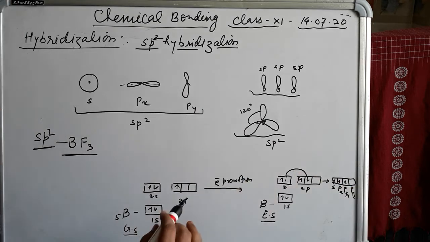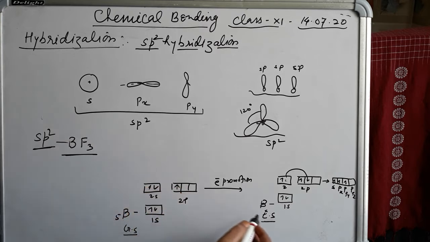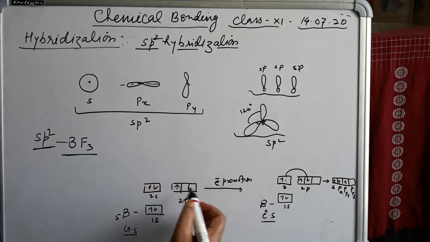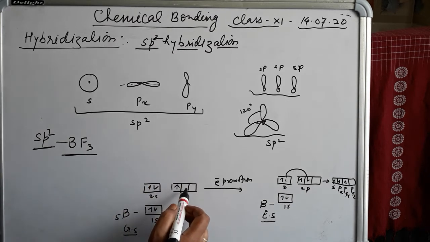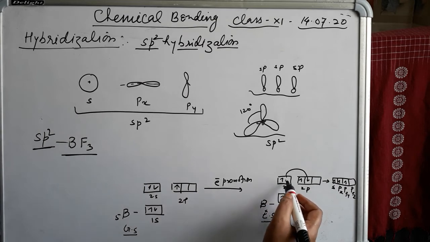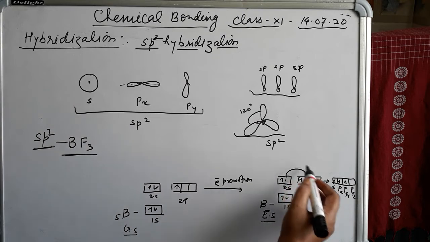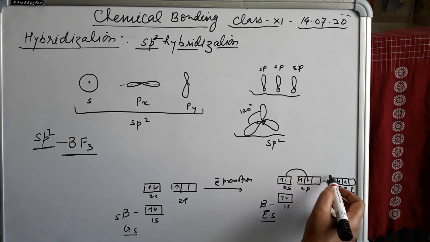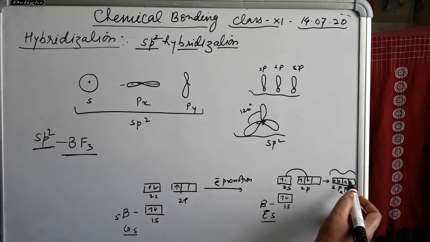Students, again I am explaining: in the ground state the electronic configuration of boron is 1s2, 2s2 and 2p1. In the excited state, electron promotion takes place. The 2s electron goes to the 2p orbital, and this makes hybrid orbitals 1, 2, 3 and 4.